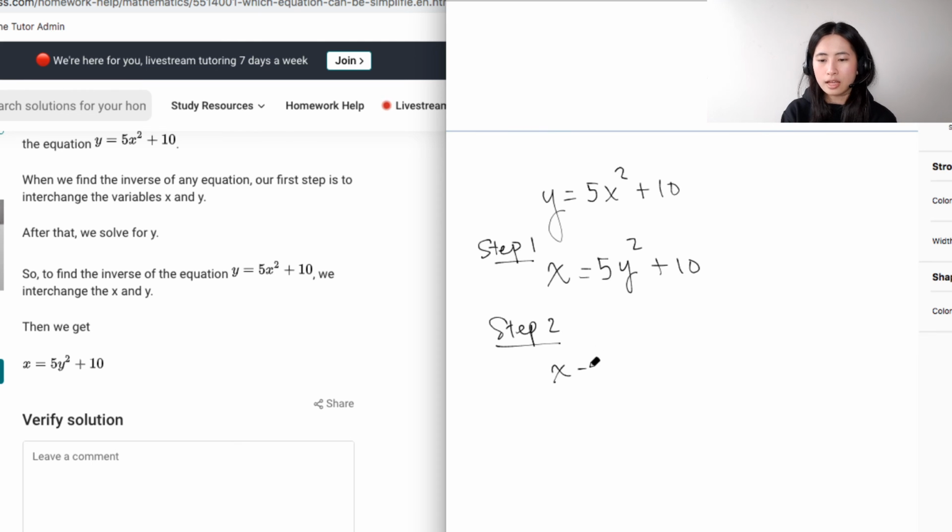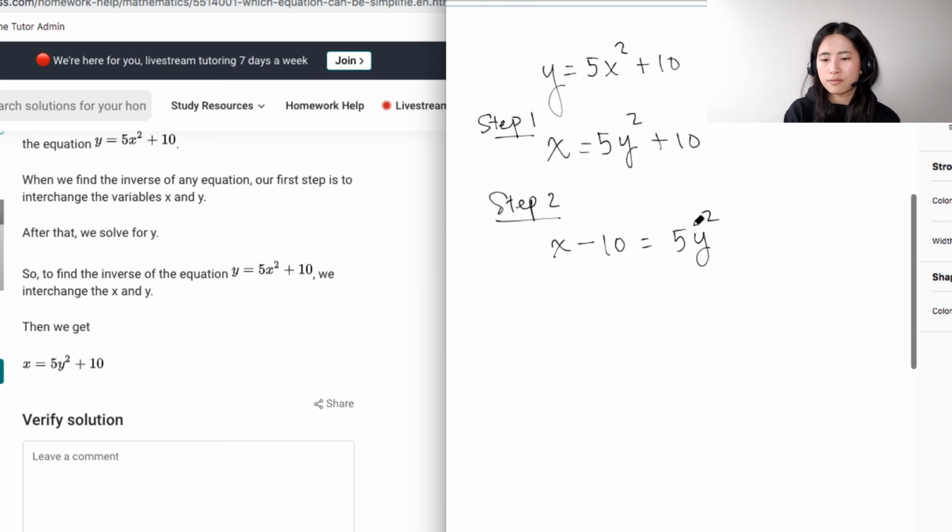So we would have x minus 10 equals 5y squared. So this 10 over here moves to the opposite side of the equation, and in that way, this becomes a negative number. And because there is a 5 here, we need to isolate just y, so we divide both sides by 5, and we take the square root.